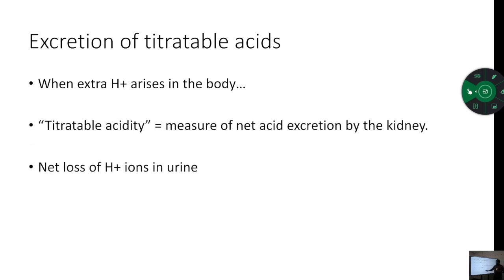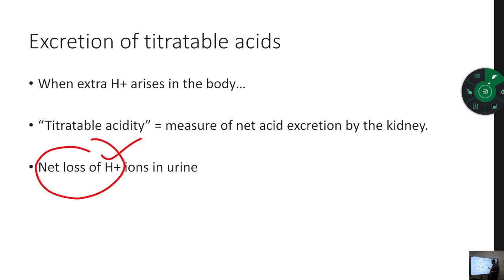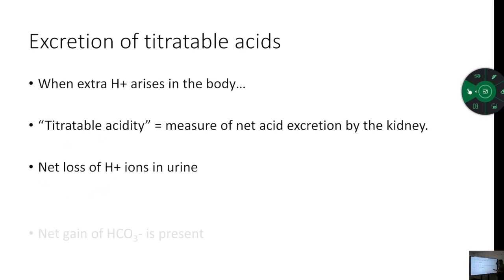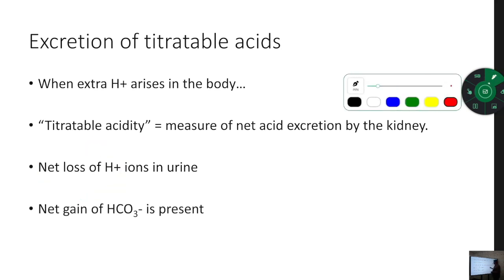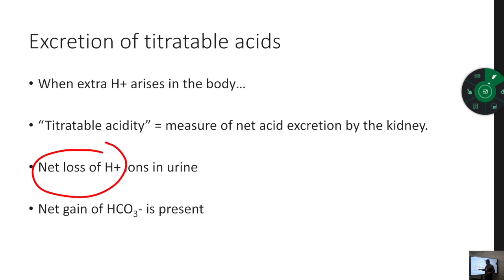Here net loss of H plus is happening, and also there is a net gain of HCO3 minus. So you have net loss of H plus and also net gain of bicarbonate. Yes, both these we are able to achieve. So this is the second strategy, right?